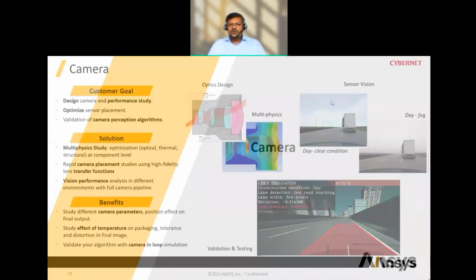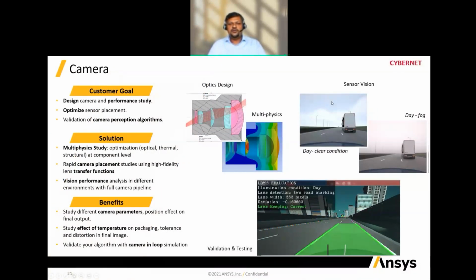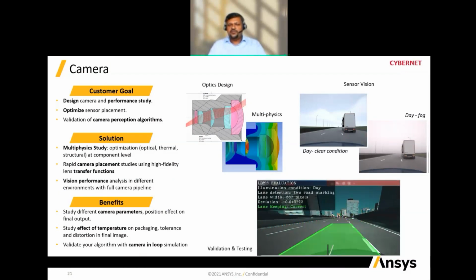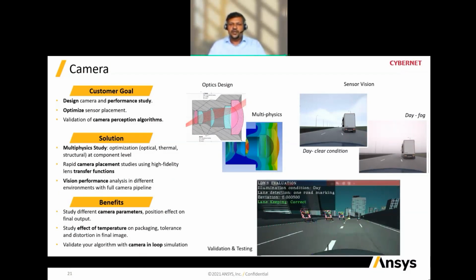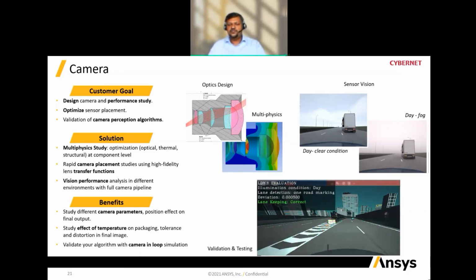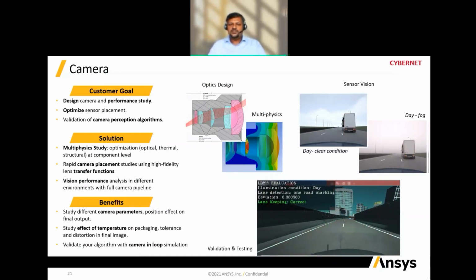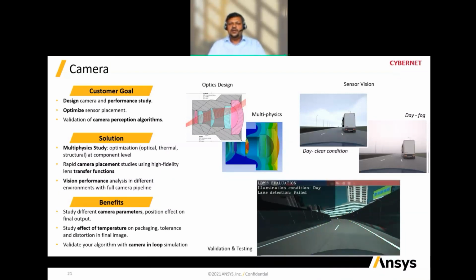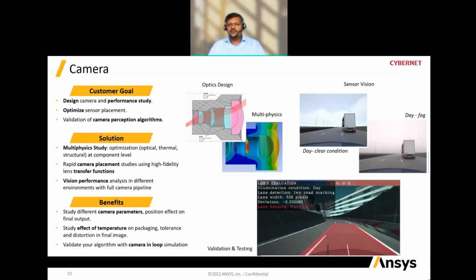So to understand more on the camera, we have tools or the methodology to design the camera. It could be starting from Zemax and importing this information into the software, where we can do optical simulations along with the rest of the vehicle, rest of the scenario, and see what kind of vision we are getting.